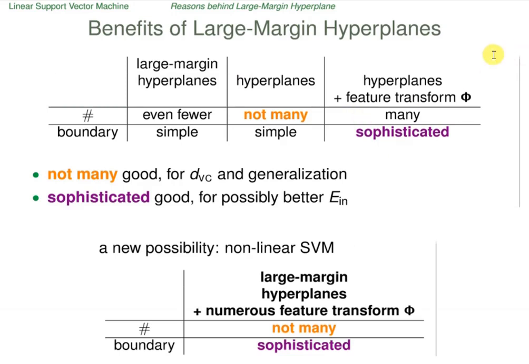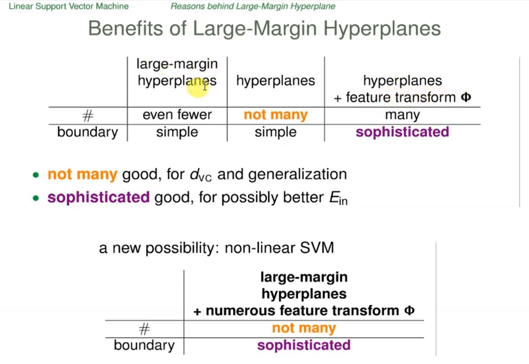Finally, let us compare 3 models to emphasize the benefits of large margin hyperplanes again. Here we have large margin hyperplanes. The hyperplanes themselves could be perceptrons or linear models, or hyperplanes combined with a nonlinear feature map, a nonlinear transformation.